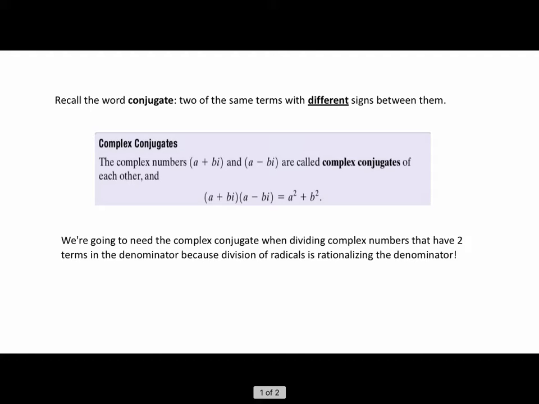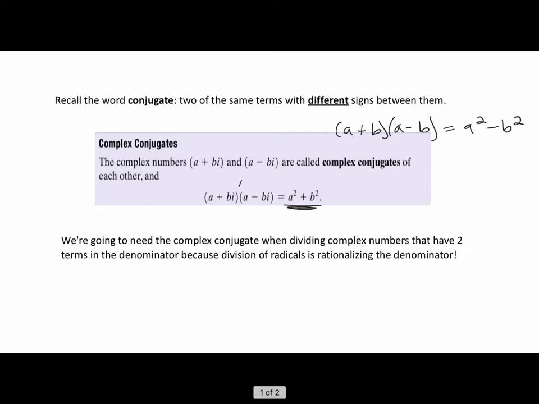Recall the word conjugate means two of the same terms with different signs between them. So complex conjugates are complex numbers a plus bi multiplied by a minus bi. And what happens when you multiply that is you get a squared plus b squared, because normally when we just multiply a plus b times a minus b, we get a squared minus b squared.